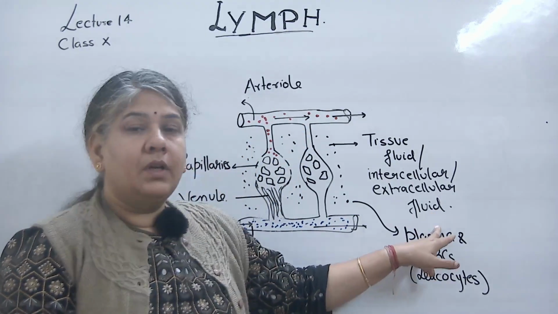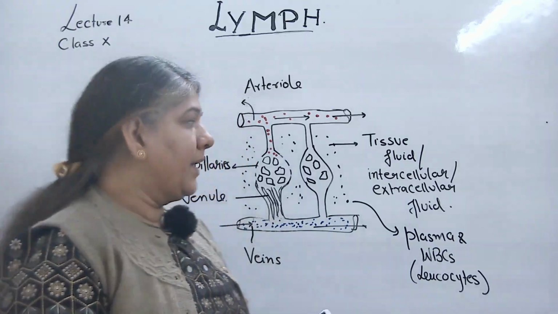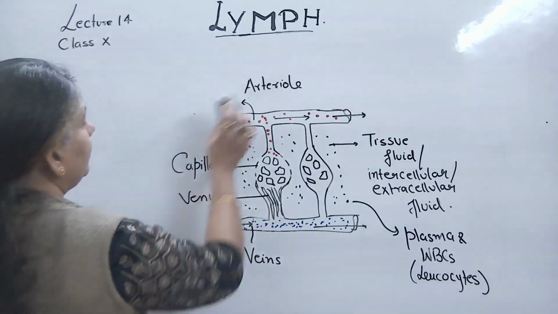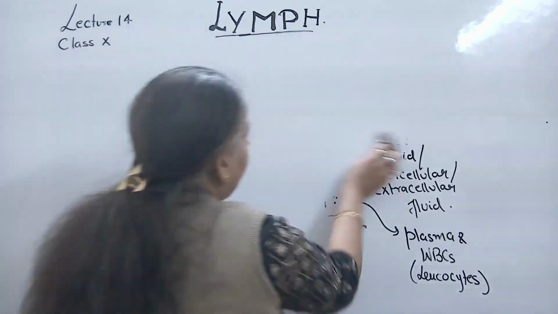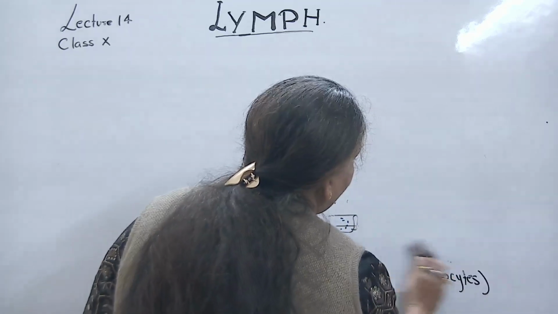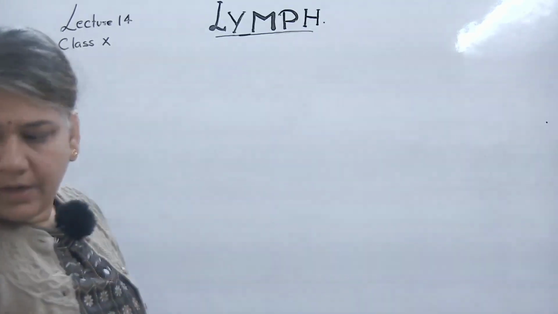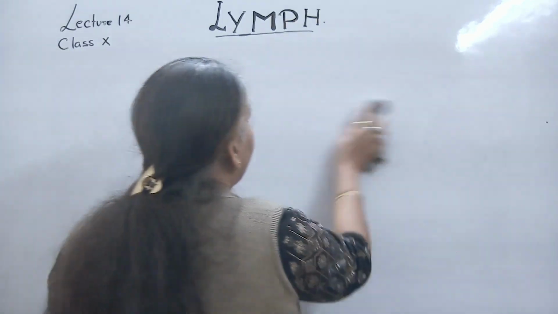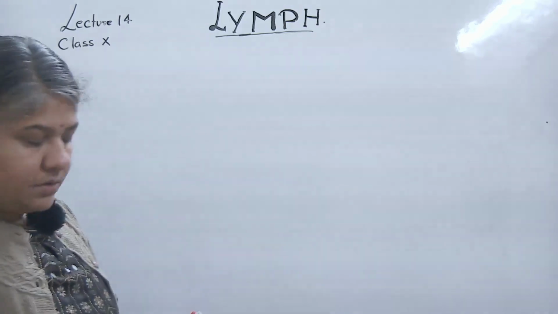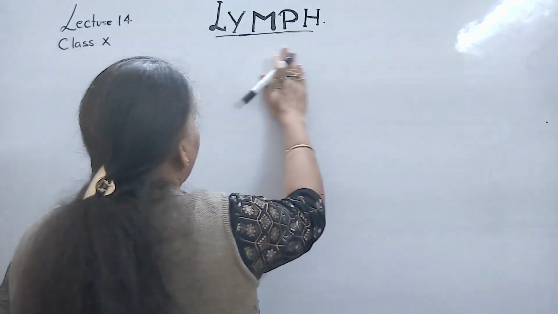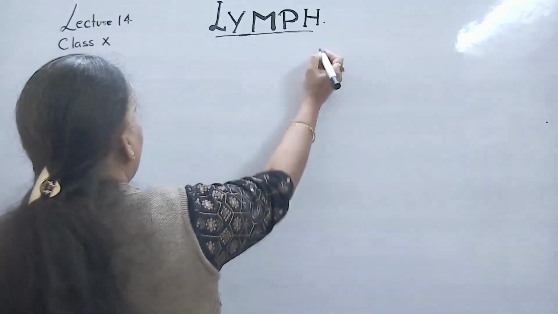So let's now understand what is the lymphatic system. Lymph is a fluid which enters lymph vessels, and now we have another network of vessels. Just like the blood circulatory system, this will be the lymphatic system.